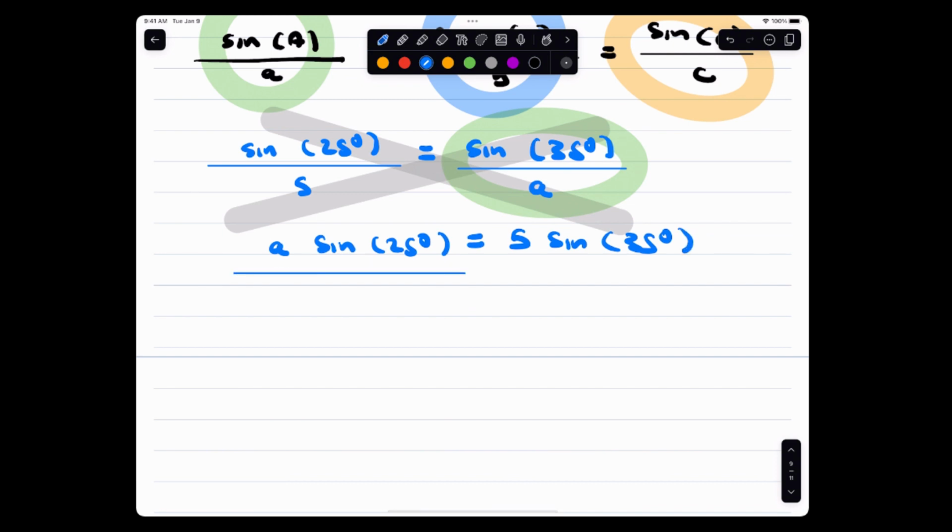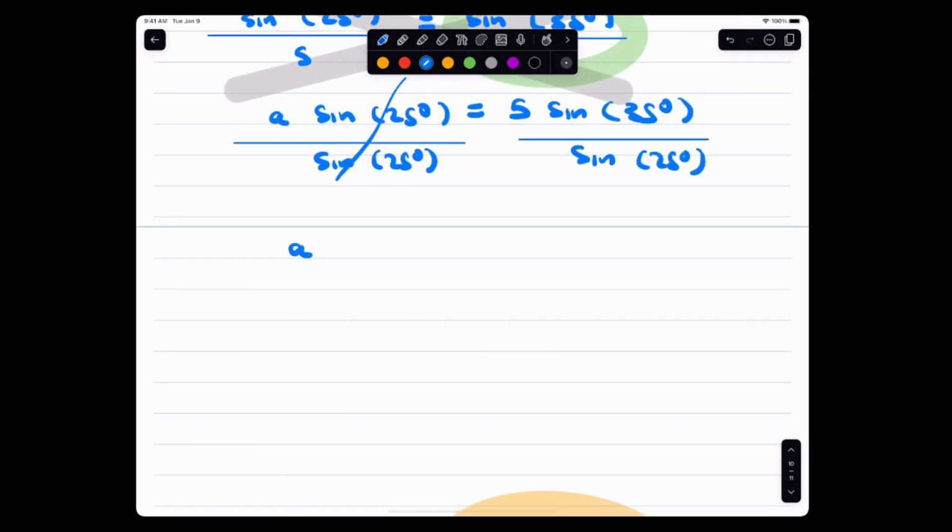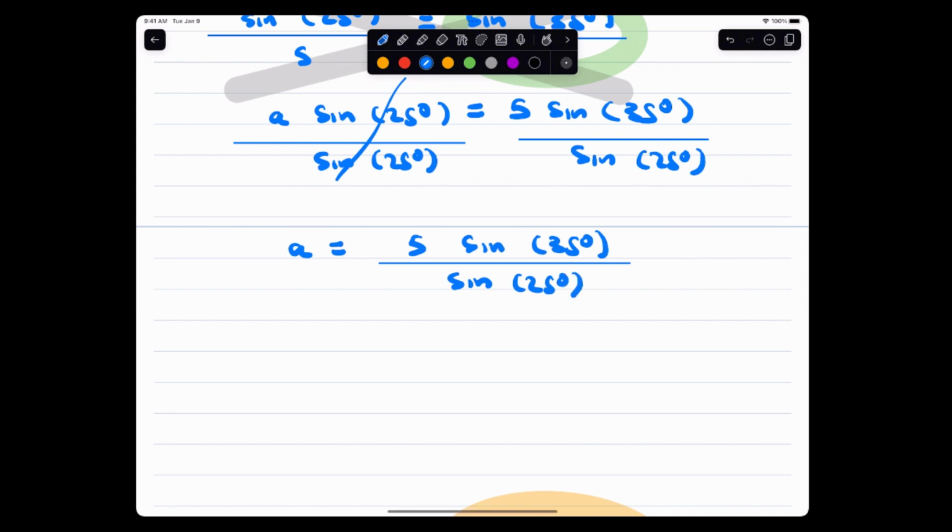Divide both sides now by sine of what? 25. A is 5 sine of what? 35 degrees over sine of what? 25 degrees. So let's find what A is.